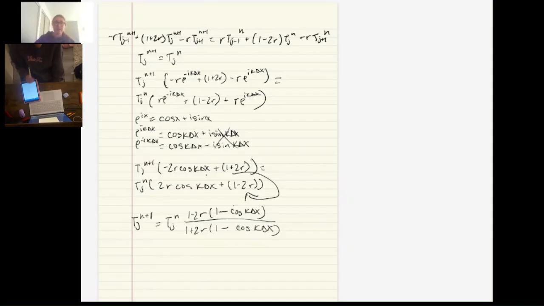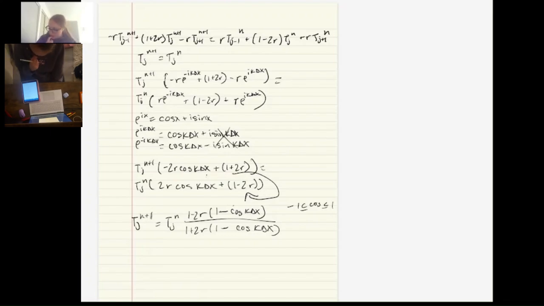So what about cosine? Cosine is going to give us something from negative 1 to 1. If we plug in 1, the numerator gives us 1 and the denominator gives us 1.